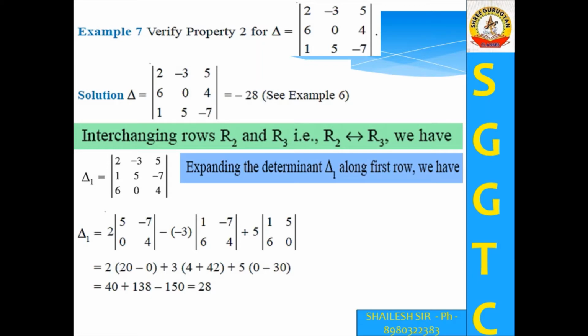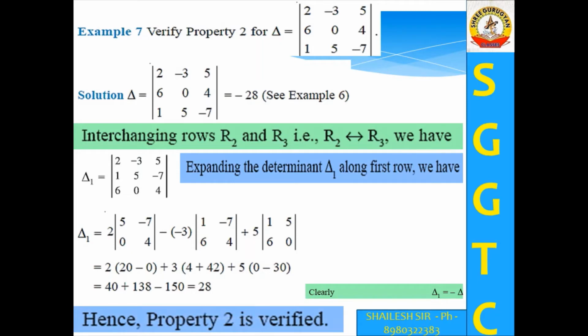It means the second row 6 0 4 I write down in the third place, and the third row 1 5 minus 7 is written in the second row position. And now explain by our definition rule. So surely, further calculating, you get the answer 28.